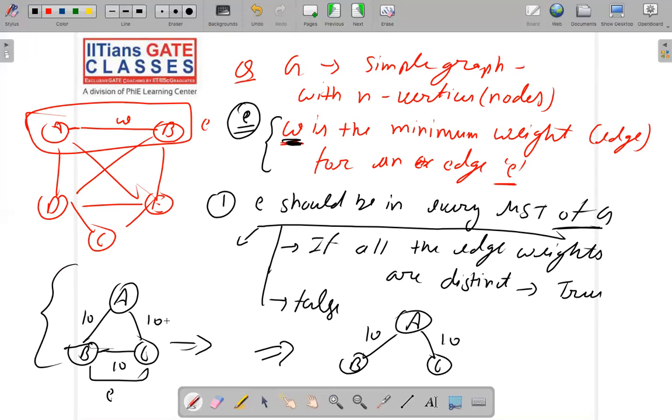And we have seen a case where it was not part of that minimum spanning tree.